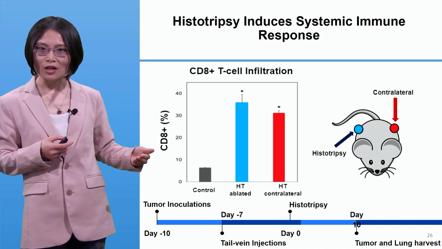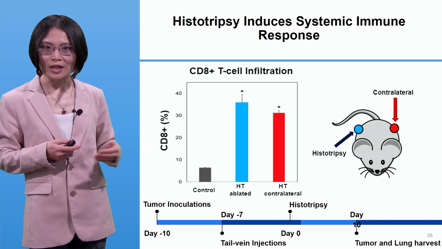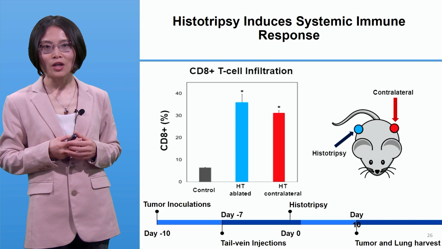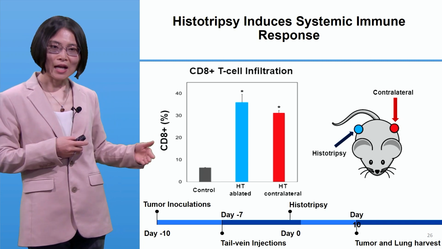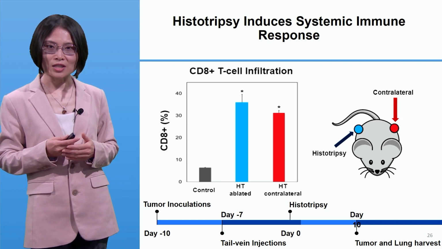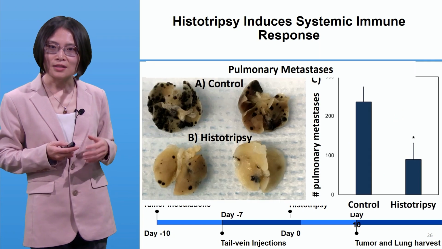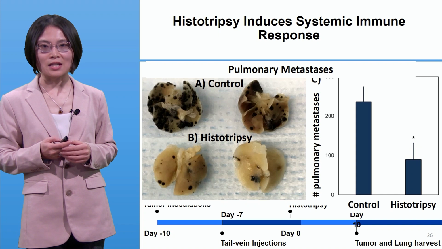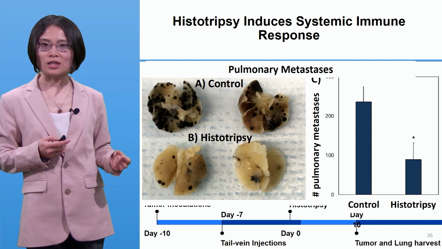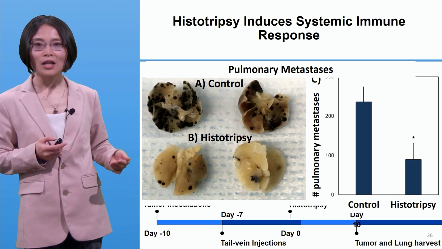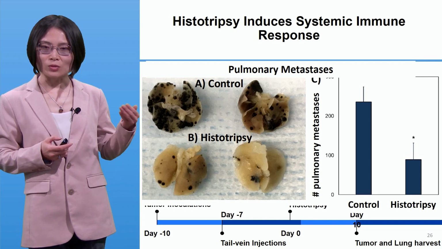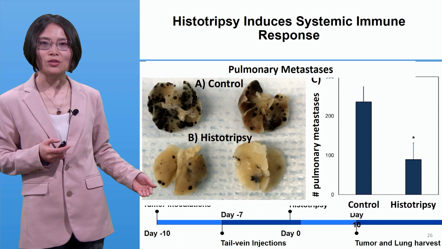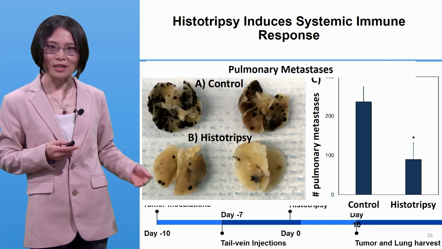Histotripsy treatment of only one tumor stimulated significantly more CD8 plus T cells, both on the treated side and the contralateral untreated side. And that immune response was so significant that when he treated just a primary melanoma in the mouse, it reduced the lung metastasis significantly compared to the control untreated mice.